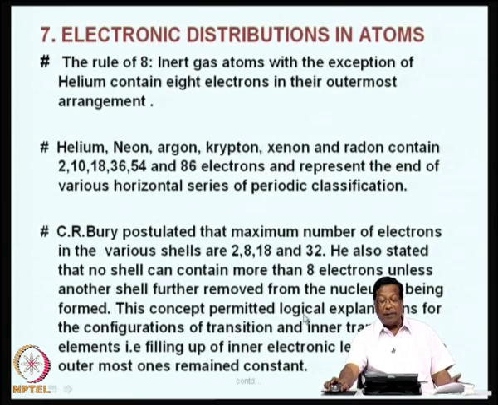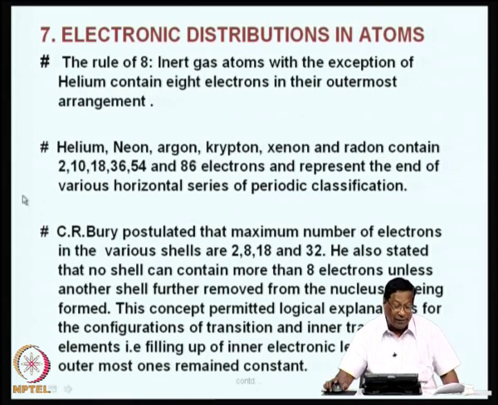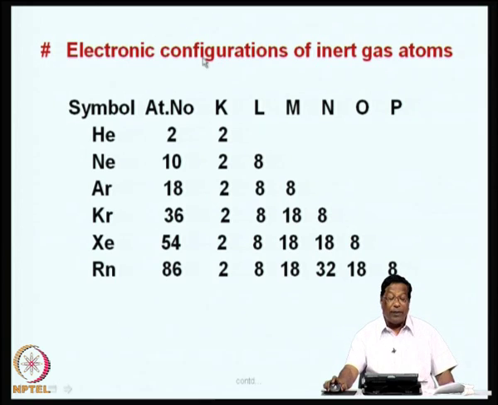This concept permitted logical explanations for the configuration of transition and inner transition elements in the periodic table, that is, filling up of inner electronic levels while the outermost ones remain constant. So, you can see these are the atomic numbers of helium, neon, etc.: 2, 8, 8, 18, 18 and 8. All the last elements are 8.